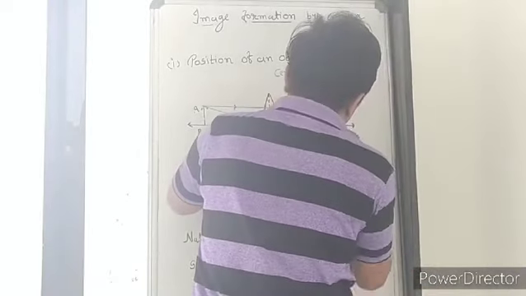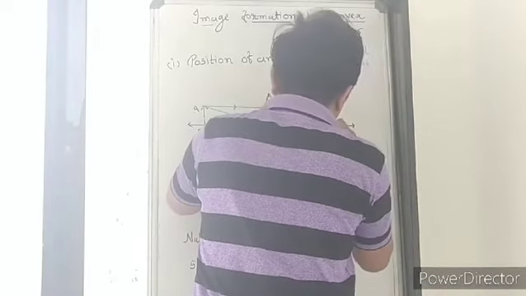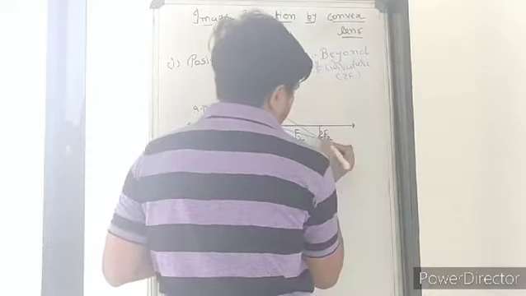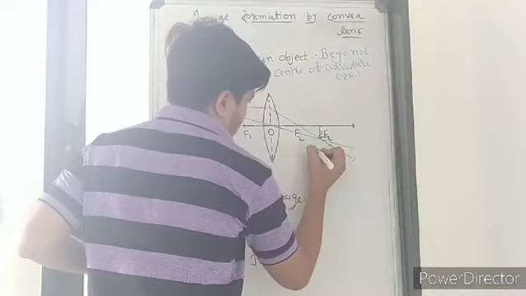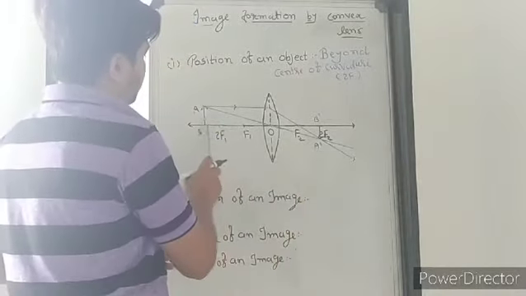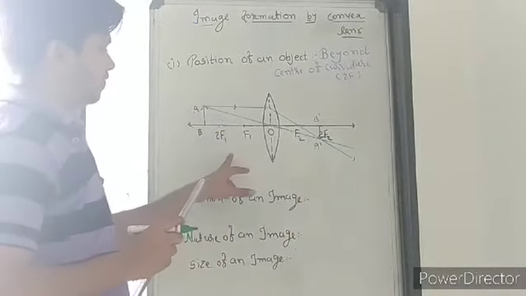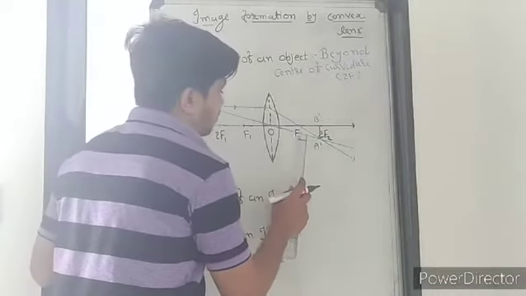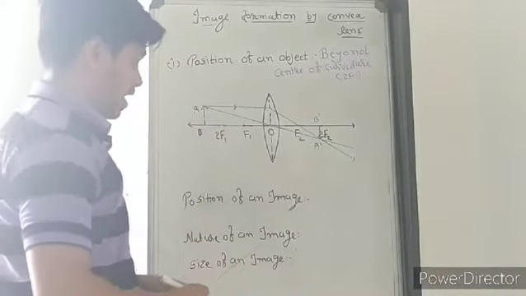And you get an image between F and 2F. Here A dash, here B dash. Okay? If the object is beyond 2F, then you get an image between F and 2F.